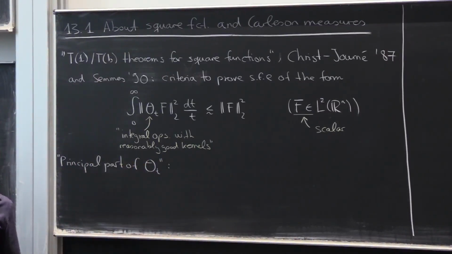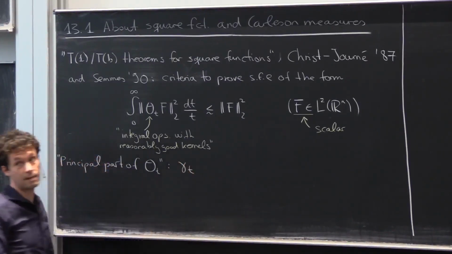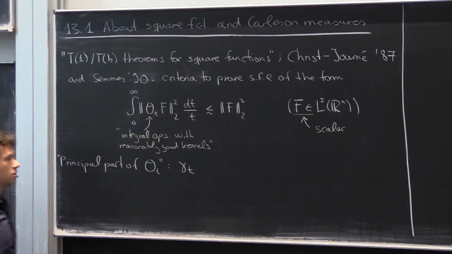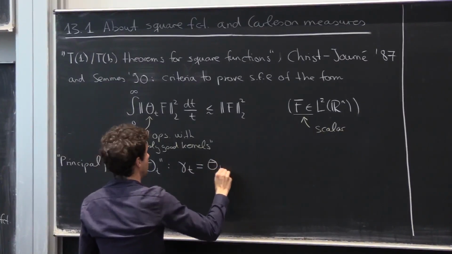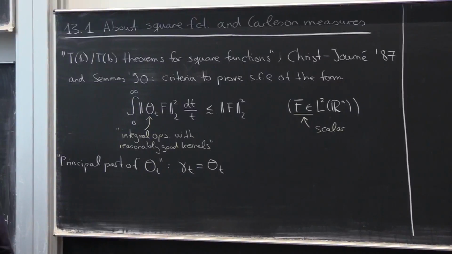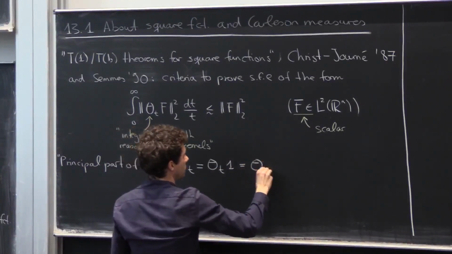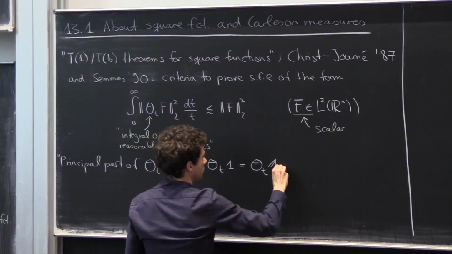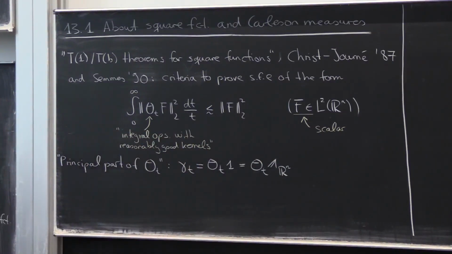It's just a function, and this function I'm going to call little gamma t, and it's just obtained by applying the operator theta to the constant 1 function. Okay, so constant 1 function means characteristic function of Rn. Because it's an integral operator, you can imagine that you can put a constant in there and then something comes out. And that gives you the function gamma t.